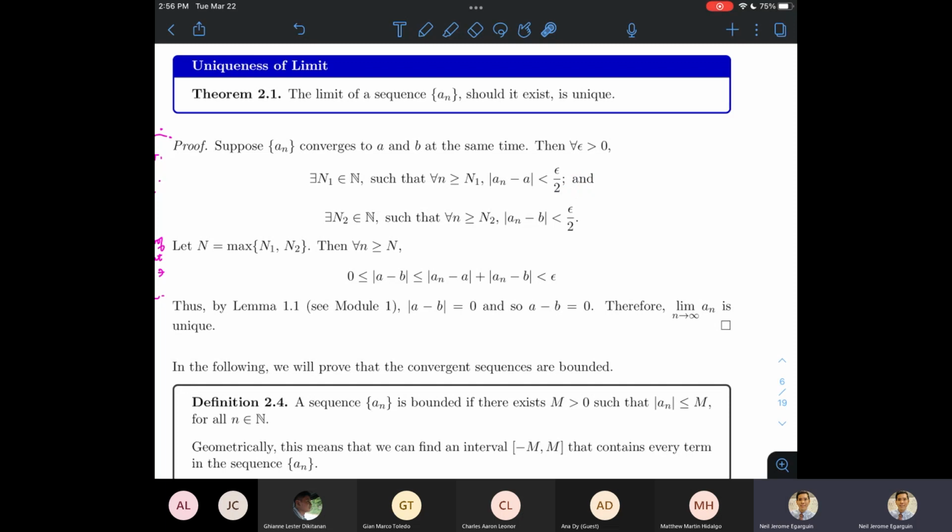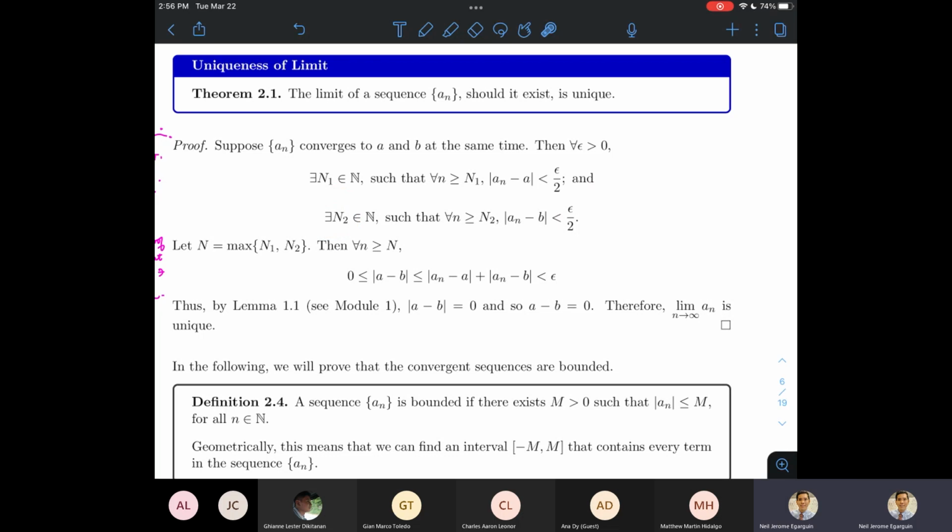Okay? So that's applying the definition to the limit A. But again, we are assuming that the sequence also converges to B. Okay? So that means for the same choice of epsilon, namely epsilon over 2, we can find another starting index, say capital N2, such that after capital N2, this inequality is true. All right? So just a technical detail here, I needed to choose a different starting index N2.